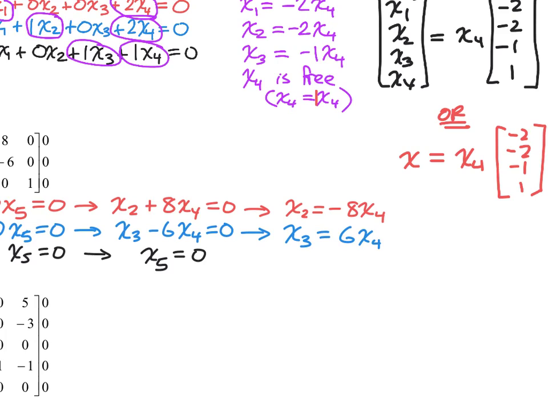Looking at that, you'd say, all right, that's wonderful, I suppose. But what does that mean in terms of a parametric solution? Well, it means a bunch of things. First off, we have a free variable of x sub 4. We don't know what that is, but we also don't know what x sub 1 is either. Everything else has been accounted for in some capacity.